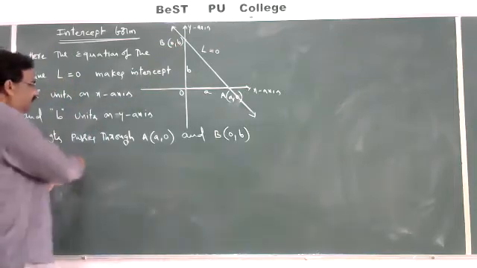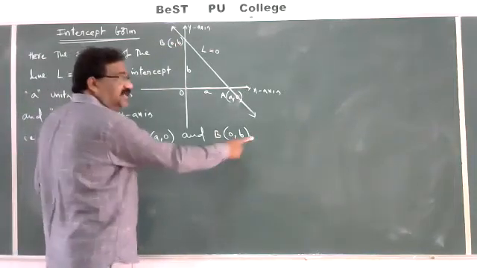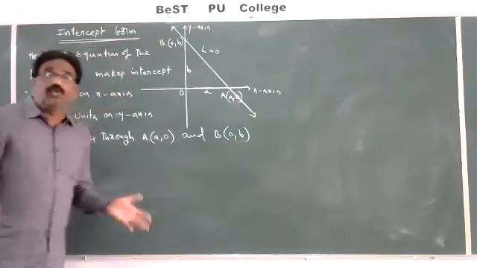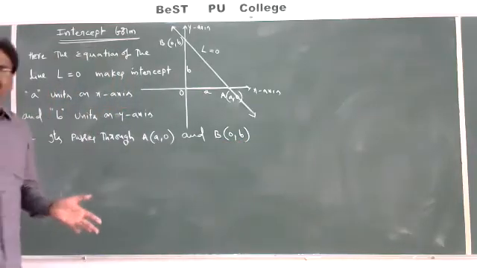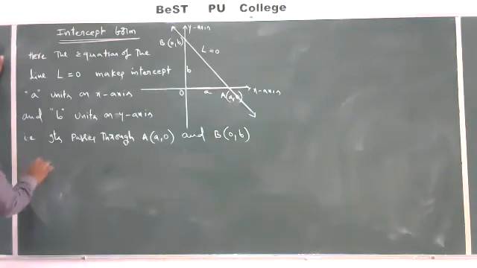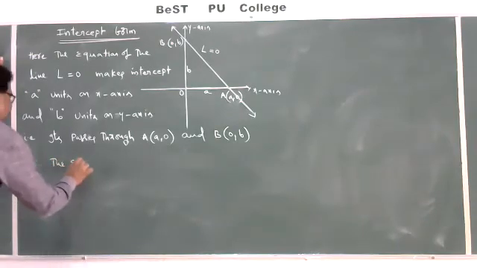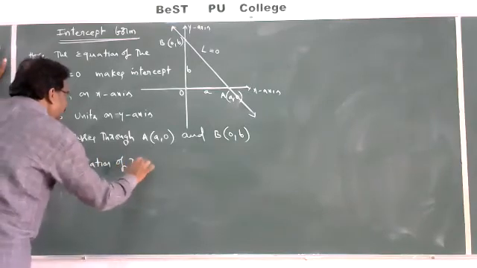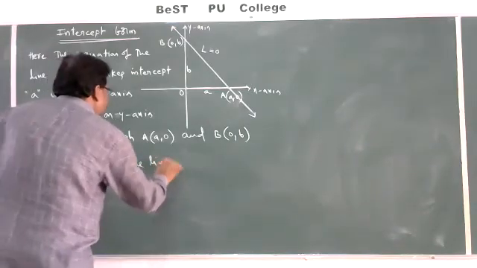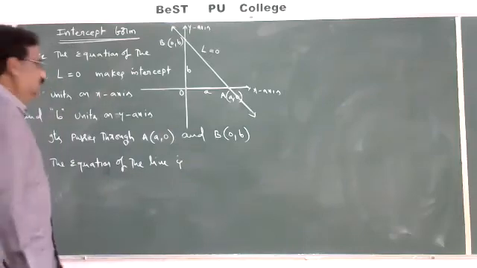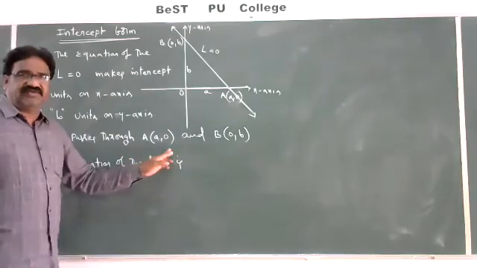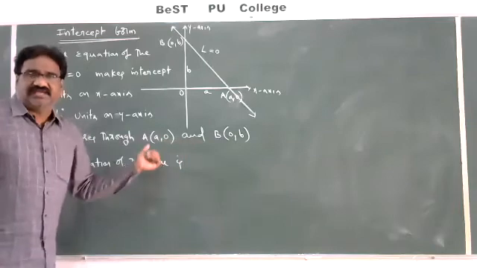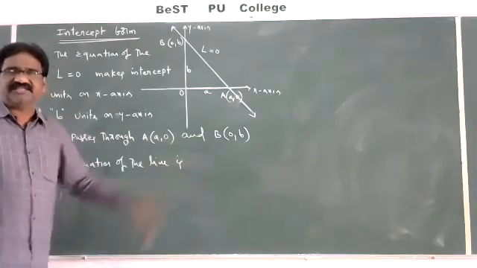Here the required line passes through a comma 0 and 0 comma b. You know the 2-point form. Therefore the equation of the line is, you consider this is x1 y1 and this is x2 y2. A is x1 y1 and B is x2 y2.